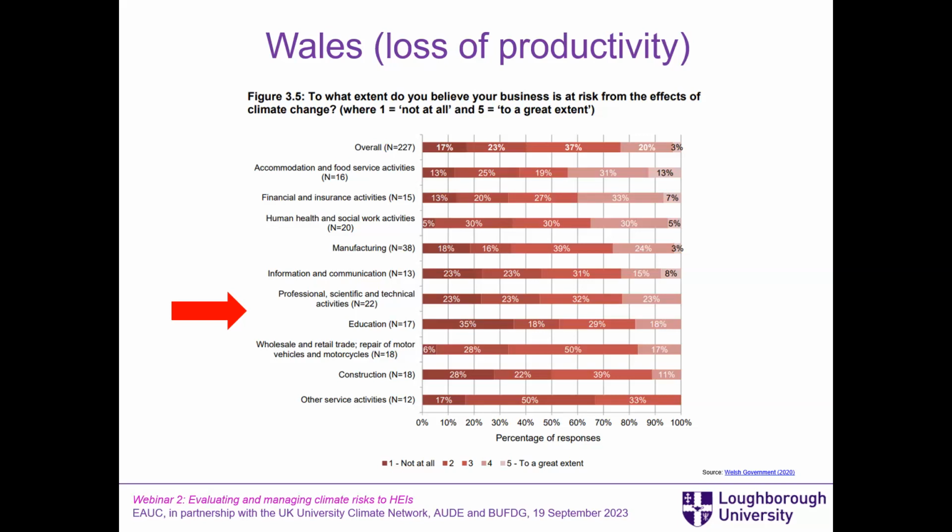So it also gives us that sort of contextual background. Where does education sit alongside these other sectors? So I hope that answers the question and gives some useful follow-up information in terms of one area that might attract the attention of senior managers when we're making the case for acting on climate change.